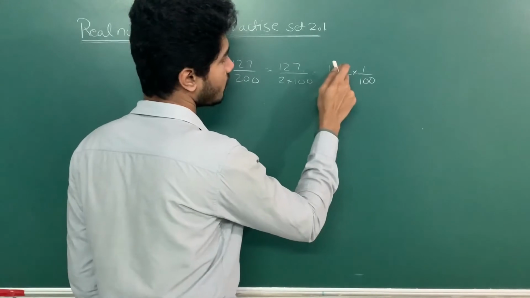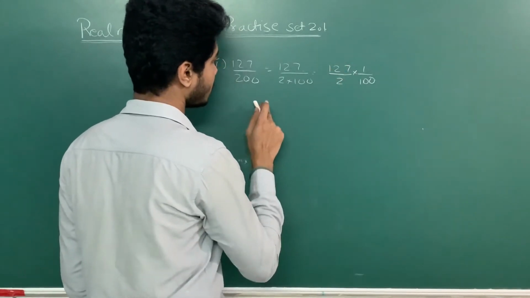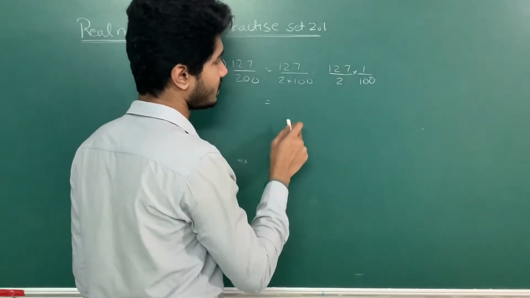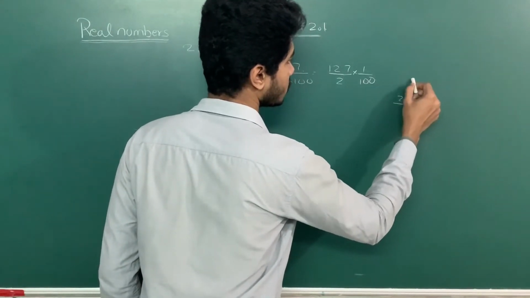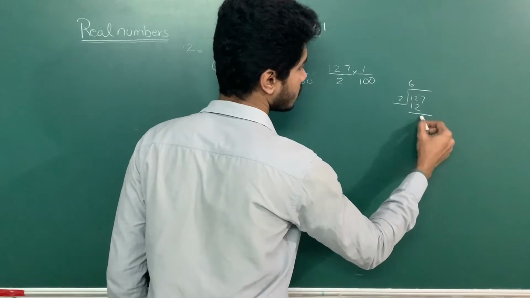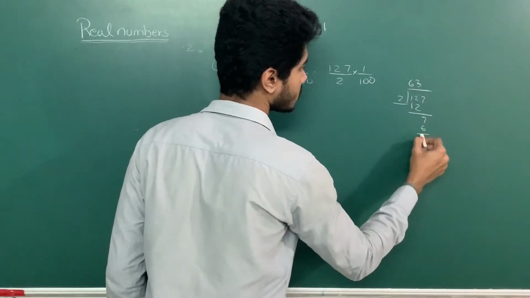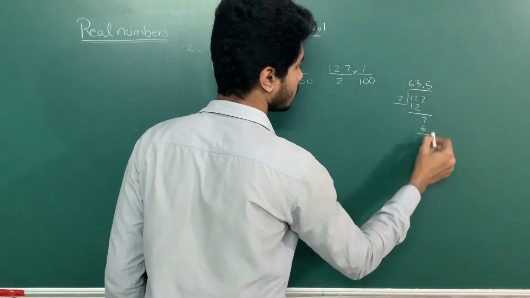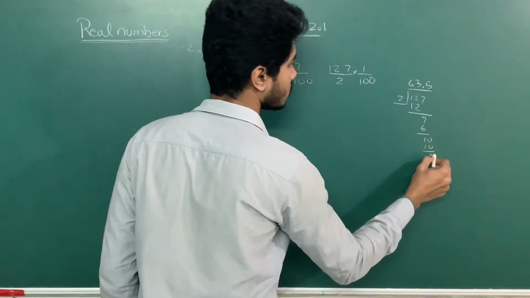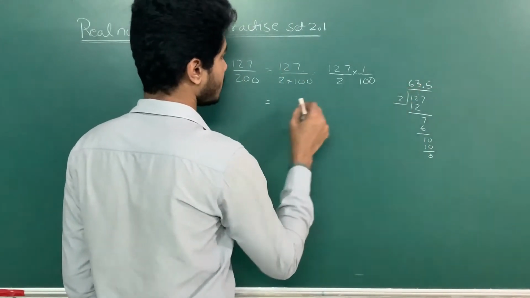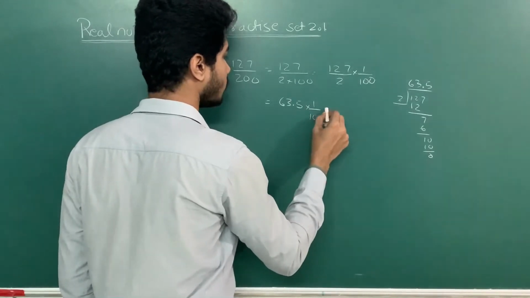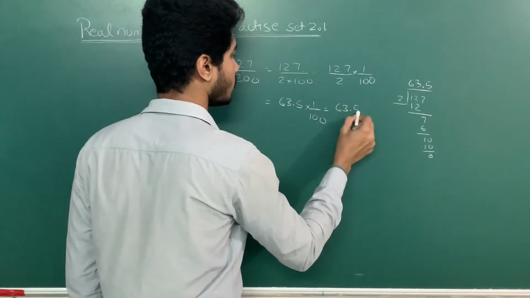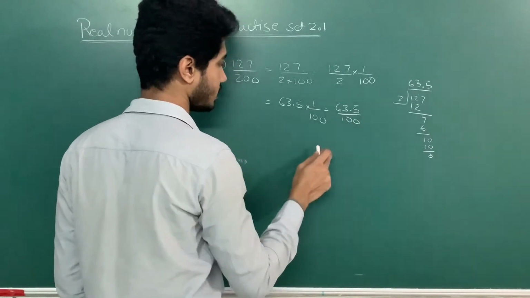Now, divide 127 by 2. That is nothing but the half of 127. Let's see. 2 6s are 12, 7, 2 3s are 6. You get 1.5. So you get 63.5 into 1 upon 100, which is nothing but 63.5 upon 100.